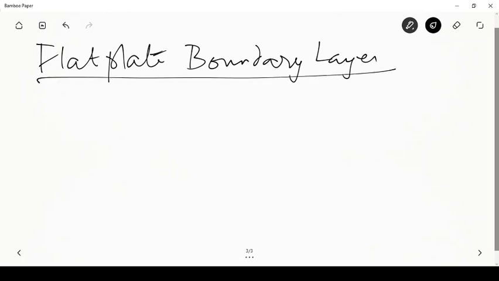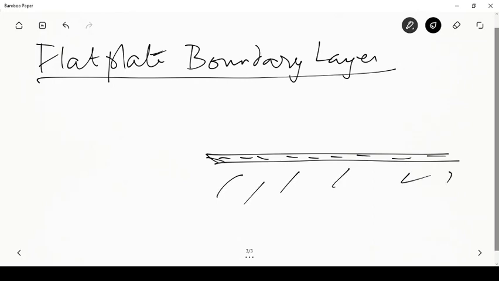A flat plate boundary layer is one of the simplest external flow conditions. So what we have is, here we have a flat plate, okay, which starts from here. Let us say this is a plate. Okay, there is nothing below the plate. We don't consider anything below the plate.